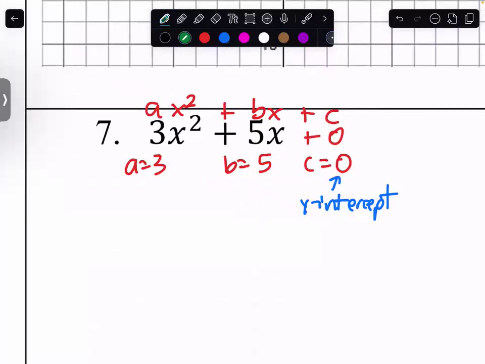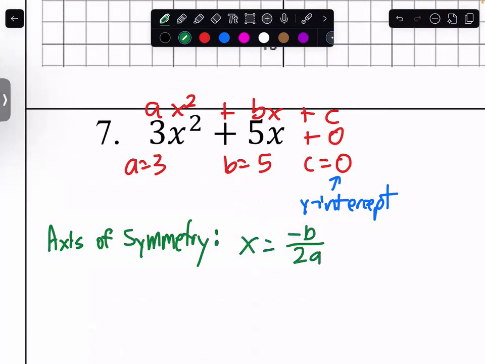Another thing we learned is that with standard form, you can find the axis of symmetry. You can find that with the equation x equals the fraction negative b divided by 2a. So for this problem, negative b becomes negative 5, and then 2a, 2 times a, becomes 2 times 3.